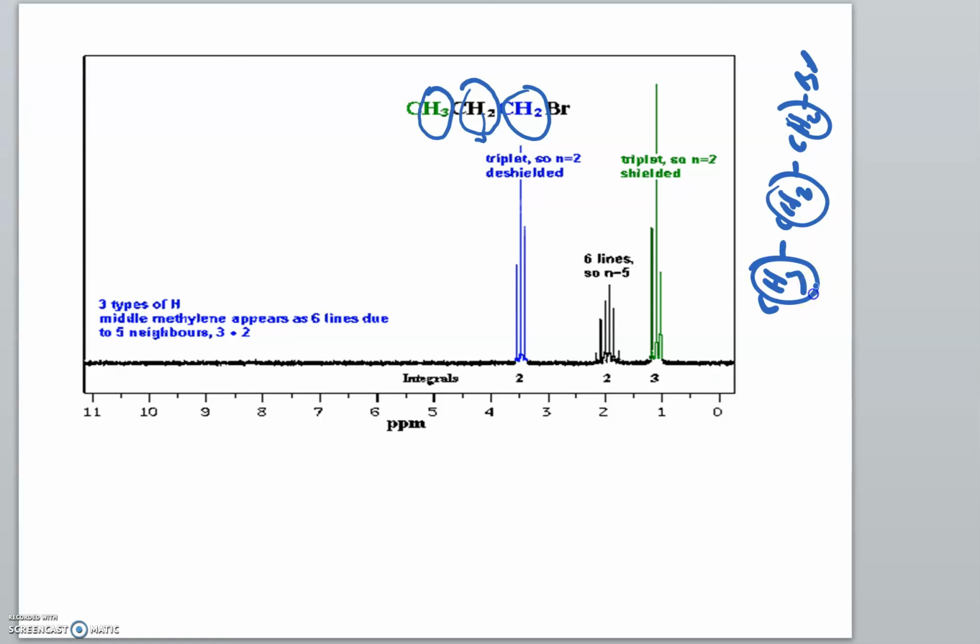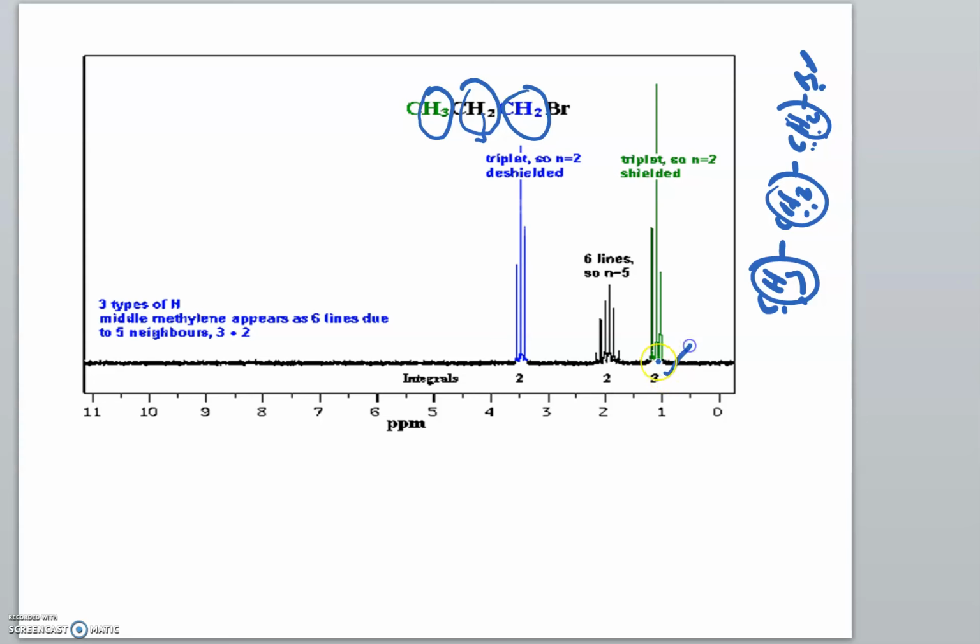This CH3 is different from this CH2, which is different from this CH2. This CH2 is attached to Br, this CH2 is attached to CH2 and CH3, and this CH3 only to CH2. That means they are in different chemical environments. So, according to what we have studied about chemical shift, we expect three distinctive lines in NMR spectroscopy.